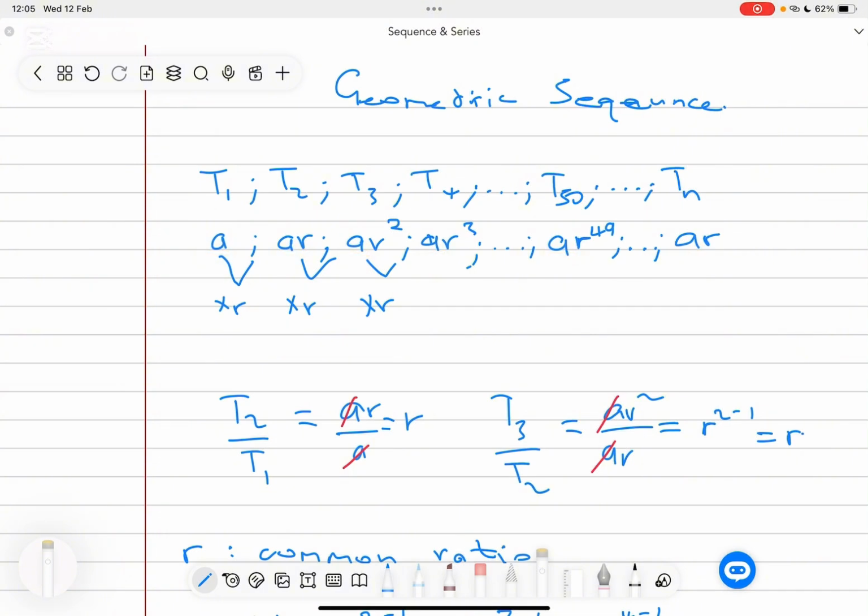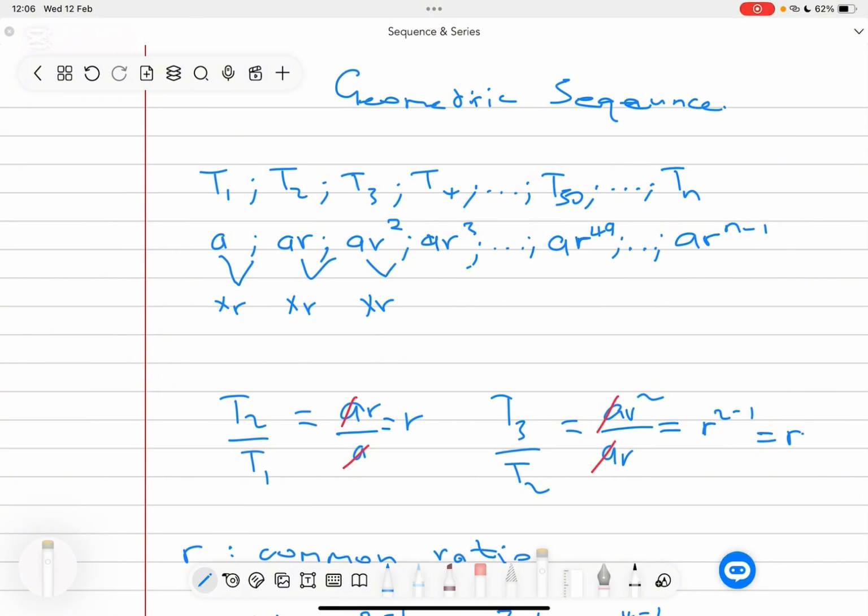Then we're going to multiply that by r, but in this case, to the power n, which is the number of terms, minus 1, because we have observed the pattern that the exponent here is always 1 less than the number of terms. Then this becomes a general way of defining any term in a geometric sequence, so to speak.